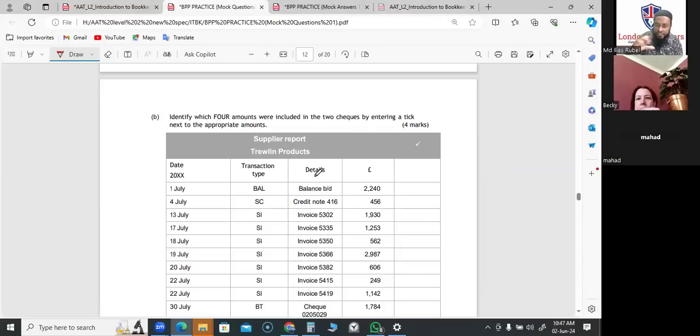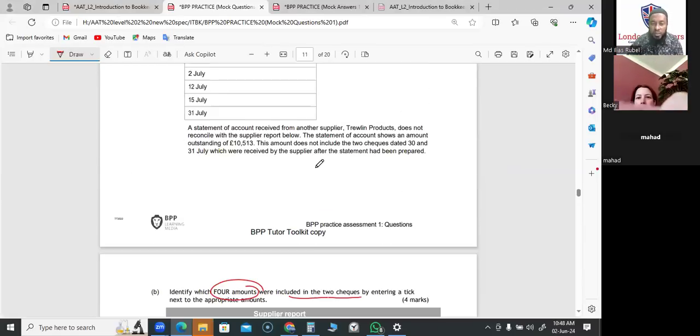There is also a little tricky calculation I will show you. Identify which 4 amounts were included in the 2 checks by entering a tick. Is there anything we missed? Yes, there's a scenario we missed. Look at this scenario. A statement of account received from another supplier, Trilwin products, does not reconcile with the supplier report below.